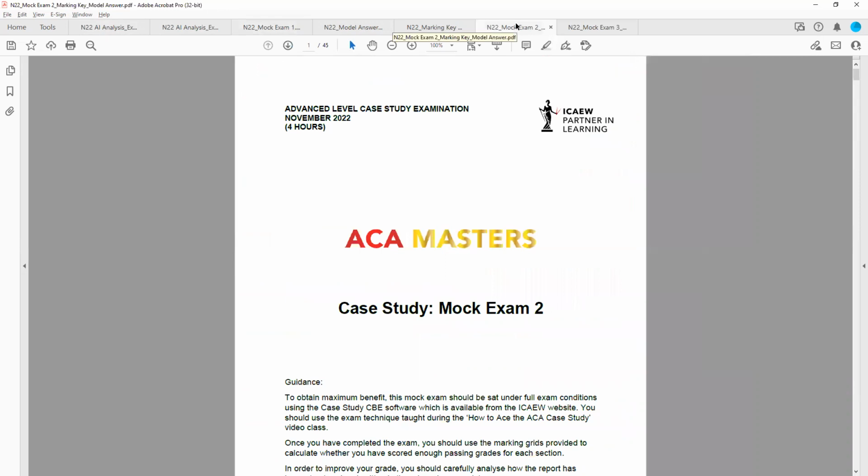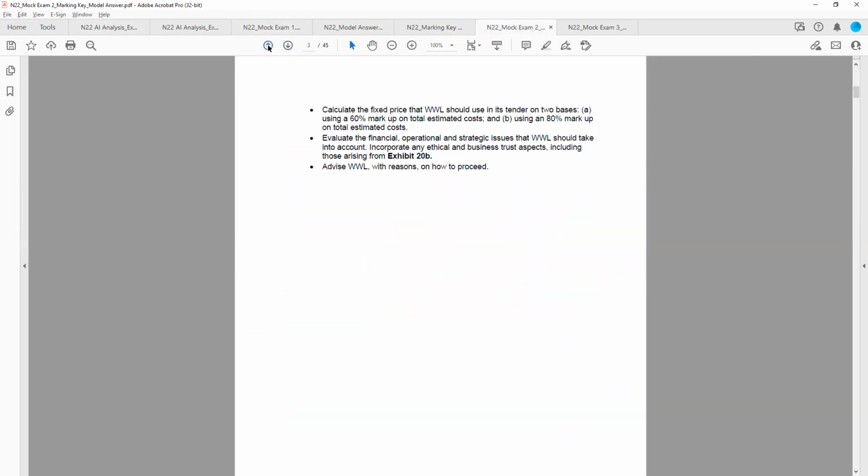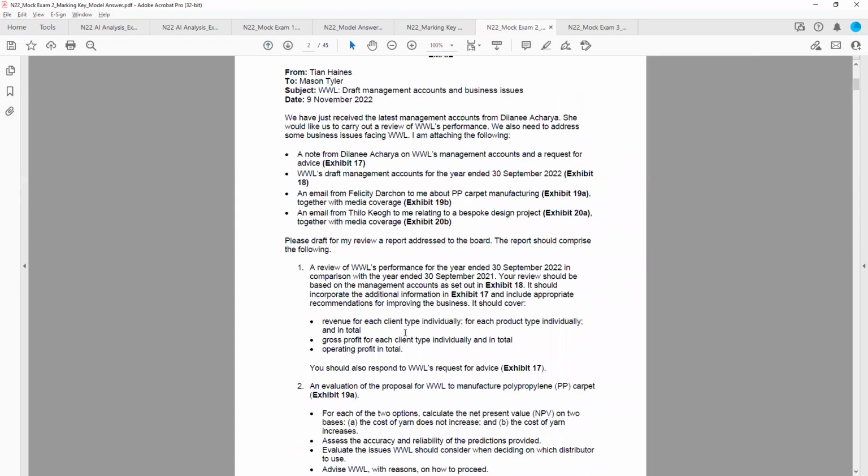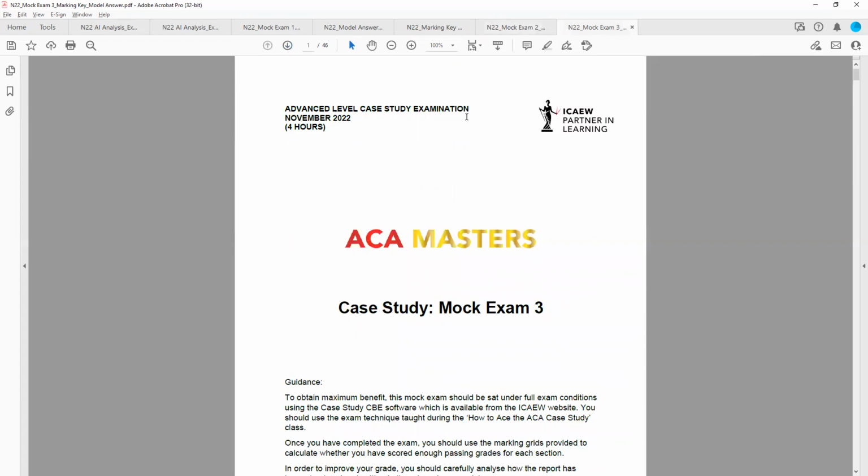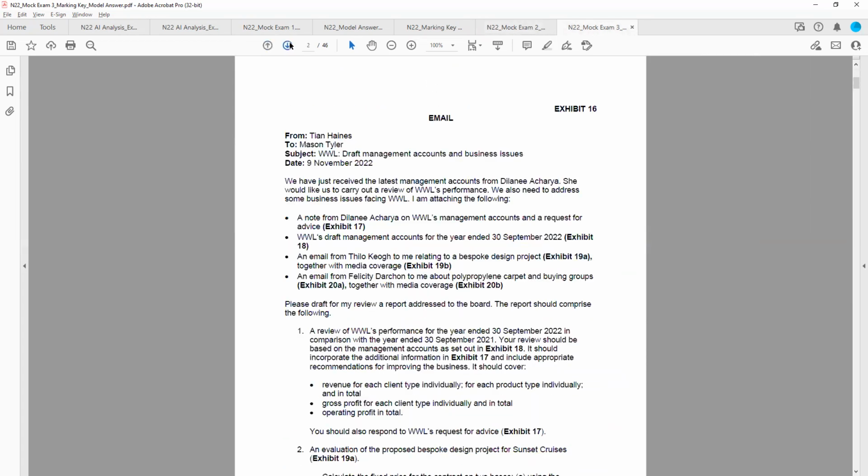And then, of course, you can go on and do the same for mock exam two. Exactly the same business, just a slightly different requirement. So here we had revenue, gross profit, and operating profit, and then a different request for advice. And then you've also got mock exam three to go away and practice as well. So again, similar requirement, but different facts in the scenario.